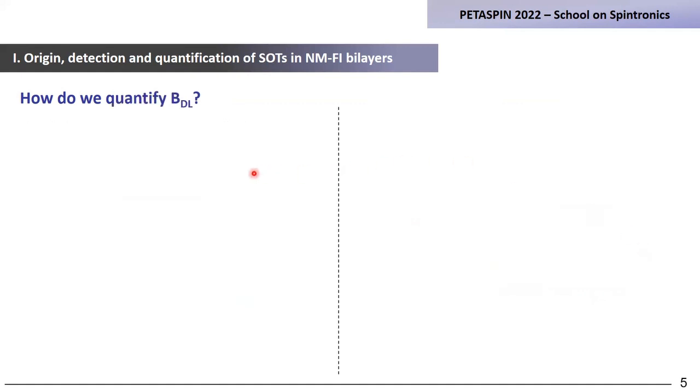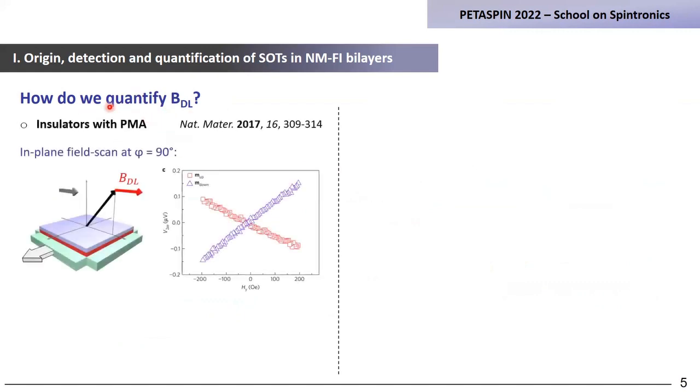Now we know how to detect the spin orbit torques, but how do we quantify them? Well, when we are dealing with insulators with perpendicular magnetic anisotropy, we typically perform an in-plane field scan at a transverse direction with respect to the current, that is, at an azimuthal angle of phi equal 90 degrees.